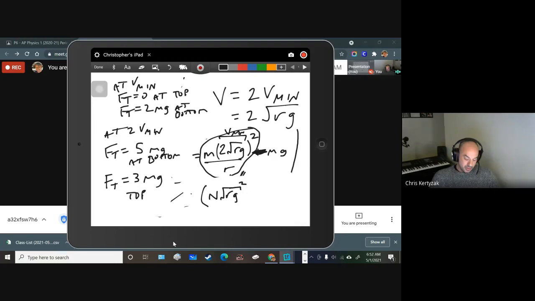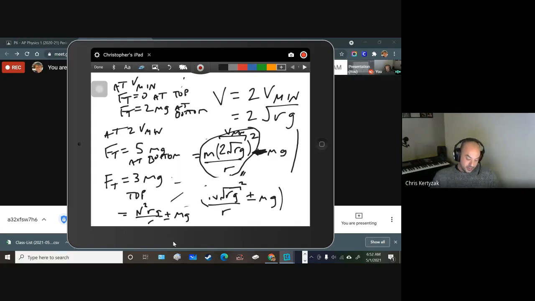N could just be how many times faster you're moving. Am I writing that right? N RG over R, I guess. And that's a plus or minus mg, depending on if you're at the top or the bottom. So you'd end up with just n squared, right? RG over R plus or minus mg.